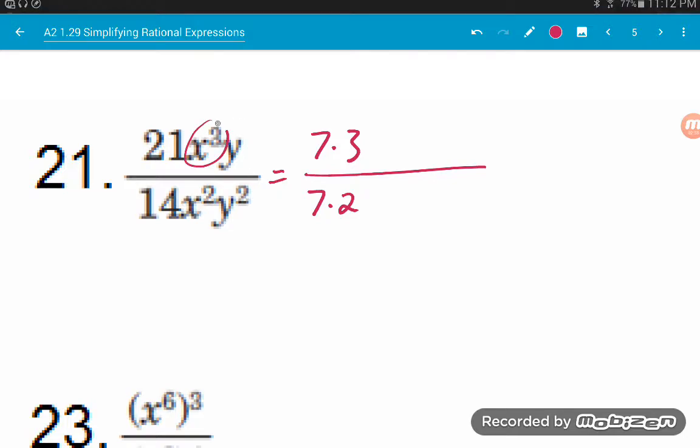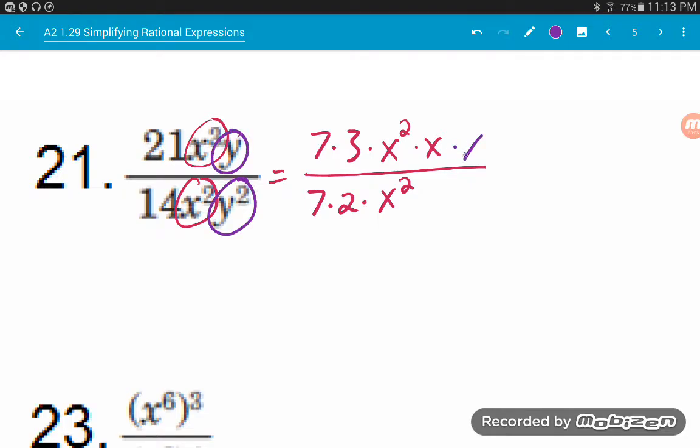Now, if I'm looking at the x's, x cubed and x squared, I know that I'm going to be able to cross out two x's because of the x squared on the bottom. So I'm going to leave this x squared alone. On the top, I'm going to break off an x so I can rewrite it like this. Now let's go to the y's. Y and y squared. I'll be able to cross out one y because that's all I have on top.